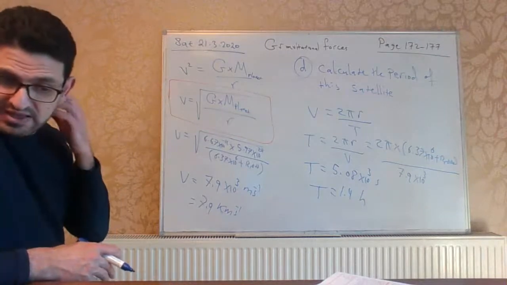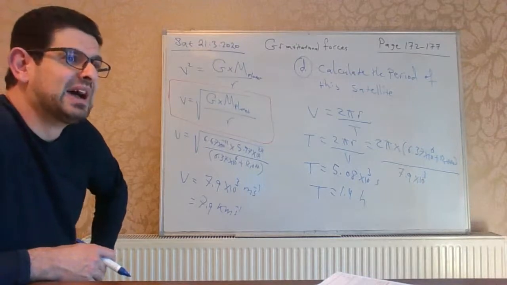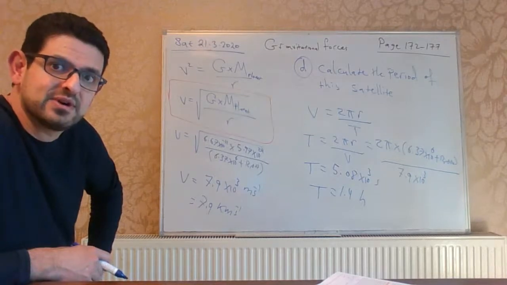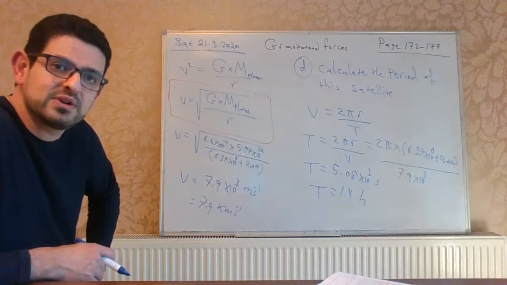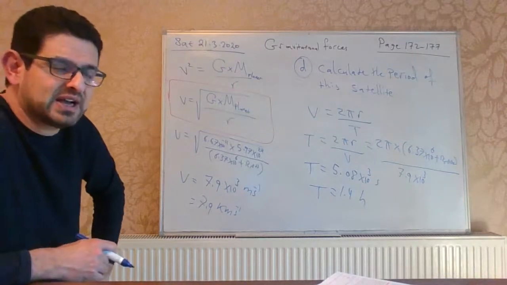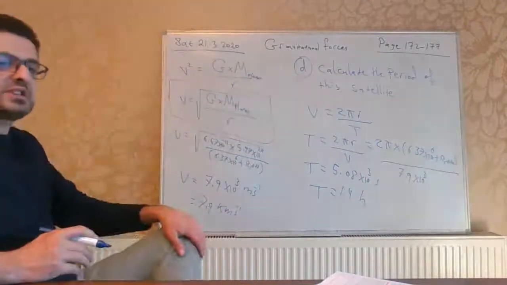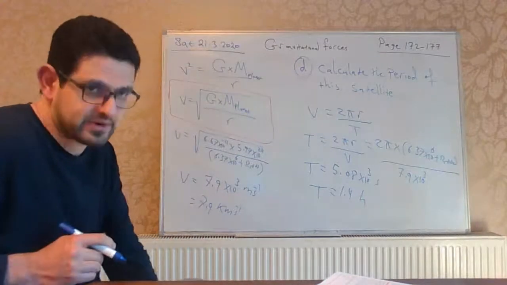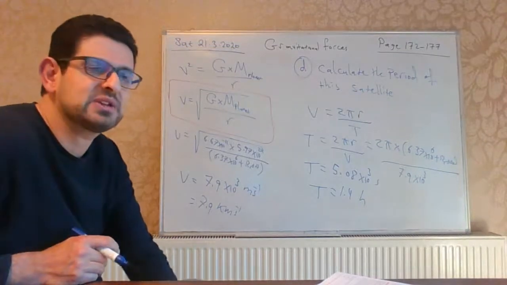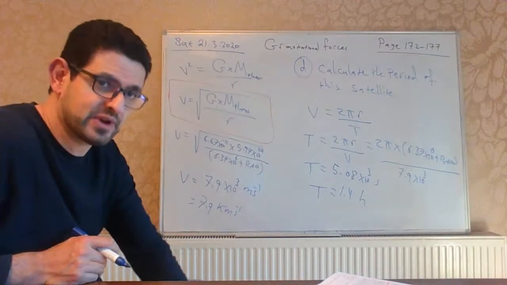But what if I want this satellite to be a telecommunication satellite, for example like NileSat? What can I do to make this satellite a NileSat? This means you need to increase the period to reach 24 hours. Why? Because the Earth spins around itself one time within 24 hours.